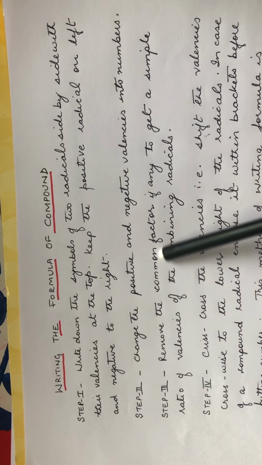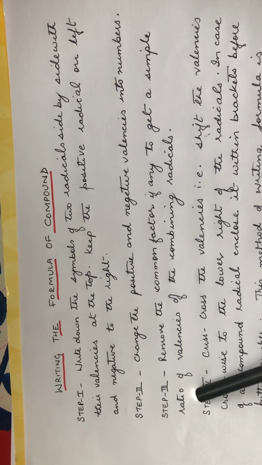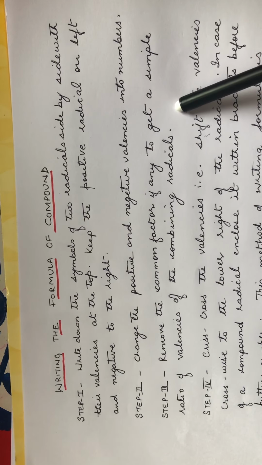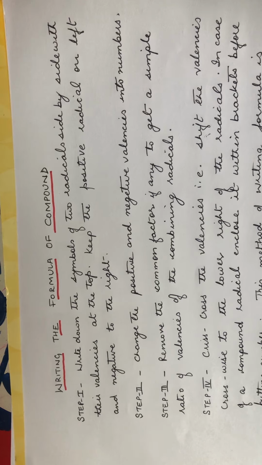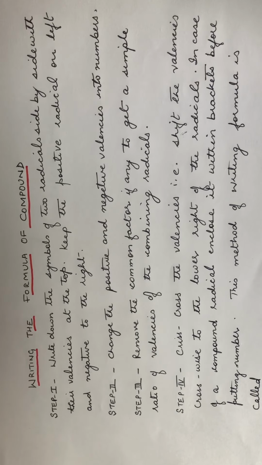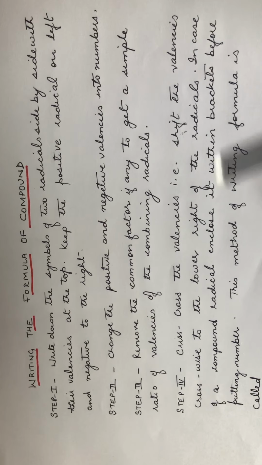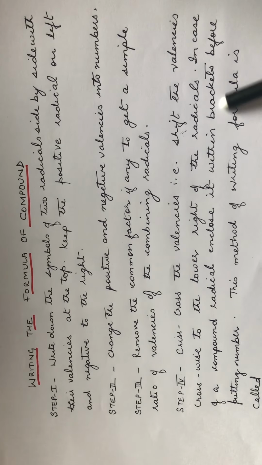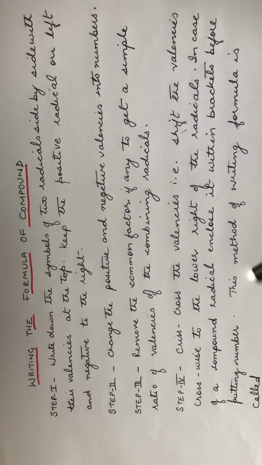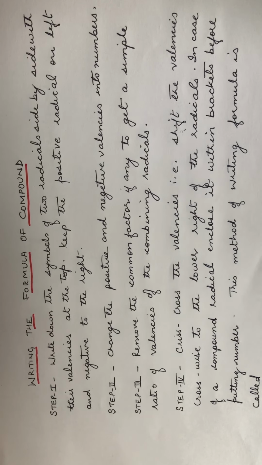Step 3 is to remove the common factor, if any, to get the simple ratio of valencies of combining radicals. Step 4 is to crisscross the valencies, that is, shift the valencies crosswise to the lower right of the radicals. In case of a compound radical, enclose it within brackets before putting the number. This method is known as the crisscross method.